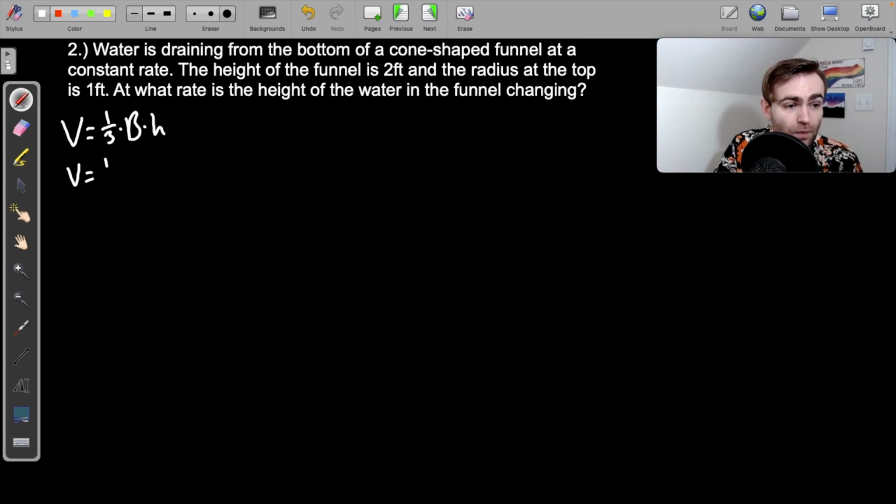So we would have 1/3 pi r squared h be our formula. And if you're having trouble with volume formulas or anything like that, I'd recommend looking them up. Maybe check back from some of your geometry notes from years back, and that might help you a little bit. So this is the volume formula we're going to use.